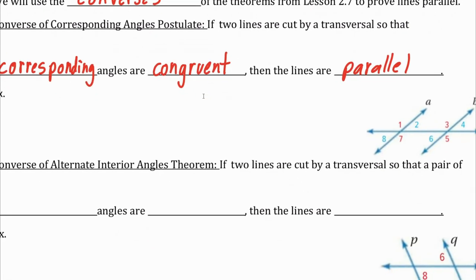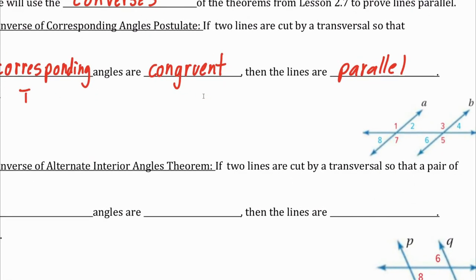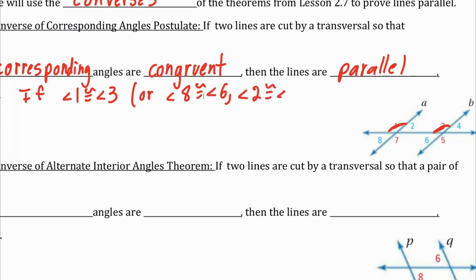What that means for this example is if, say, one set of corresponding angles, angle 1 is congruent to angle 3. Angle 1 and angle 3 are both in the upper left-hand corner of those lines. We also could have used other corresponding angle pairs, like angle 8 congruent with angle 6, angle 2 congruent with angle 4, and angle 7 congruent with angle 5.